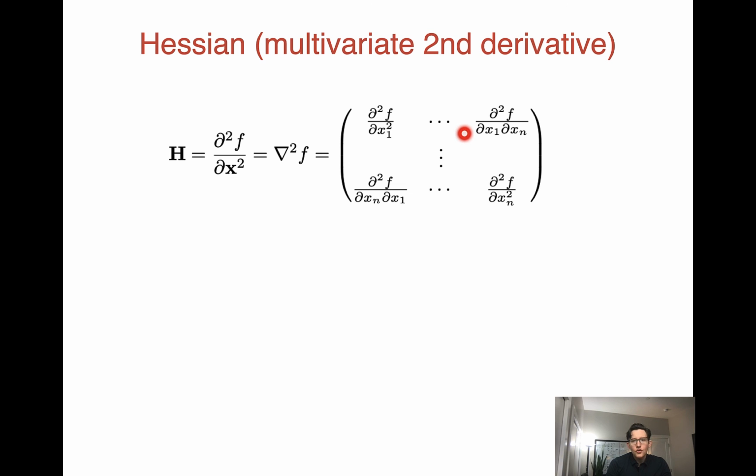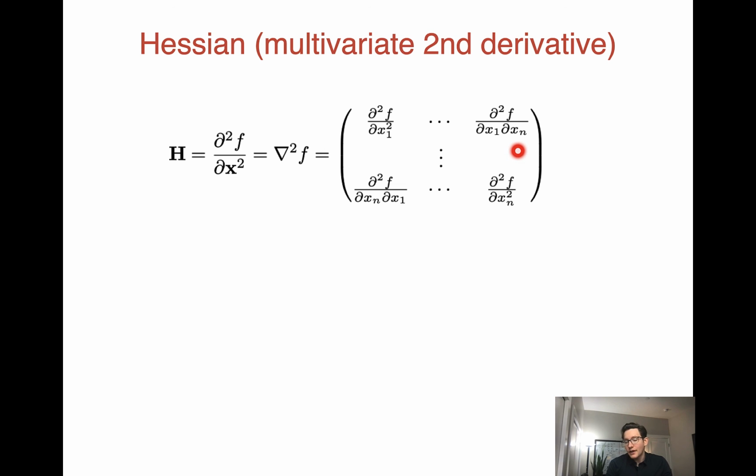The off-diagonal entries are the following: the derivative of f with respect to x1, and then the derivative of that with respect to xn. So it's the second derivative with respect to two different variables. A way to get that is just to first find the partial derivative with respect to x1, and then take the derivative with respect to xn.